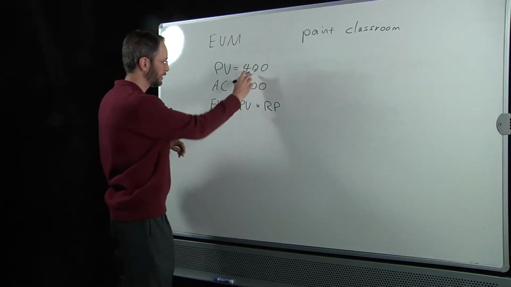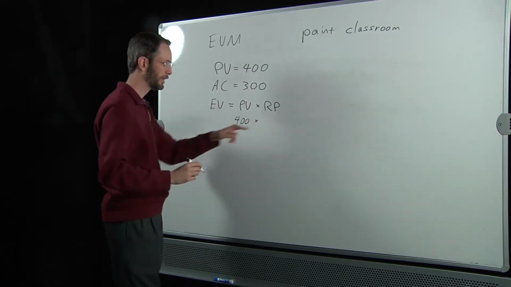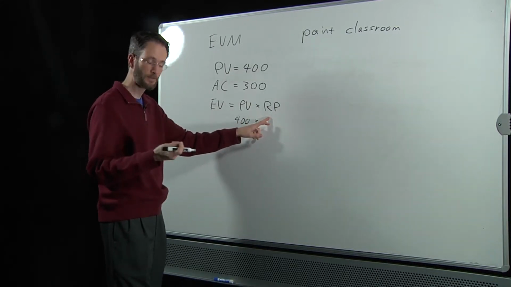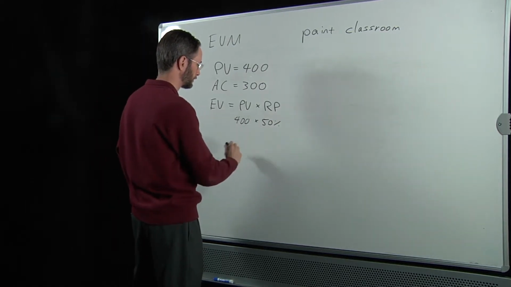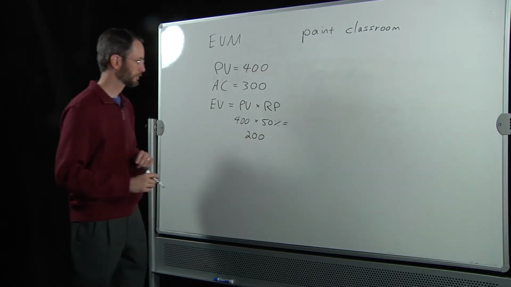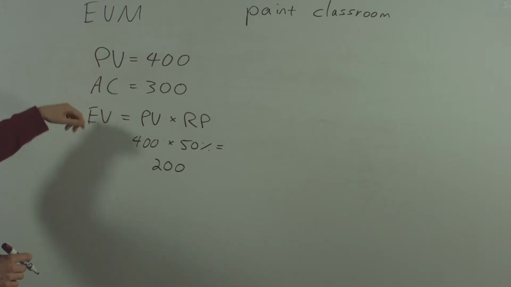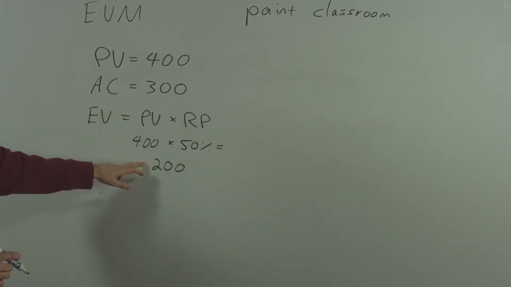Our planned value up here is 400, multiplied by 50%. Again, he's working half as fast as he should. This is going to equal 200. So now we have three estimates. We have planned value, 400, actual cost, 300, and earned value is actually 200.